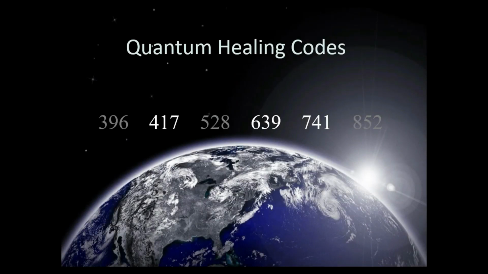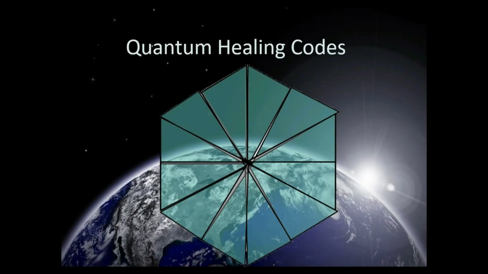I also found that the codes, when you just look at the frequencies themselves and you treat them as a length, that 417, for example, with 639 and 741, come together to form this nice right triangle. And that right triangle can be placed nicely within this hexagon, and it fits there 12 times.